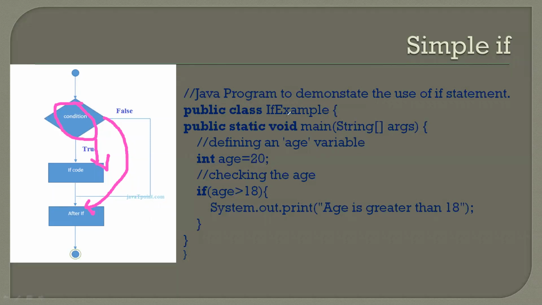Here we have a class named IfExample, and this is the main method in Java. Inside the main method, we have defined a variable named age, whose data type is integer, and we store the value 20 inside age. Now we write an if condition: if age is greater than 18, it will print "age is greater than 18" on the output screen.